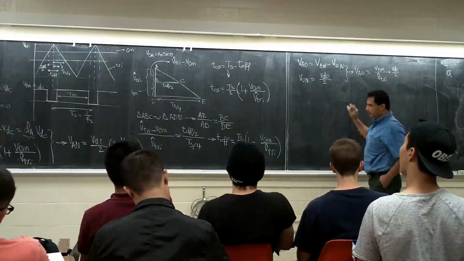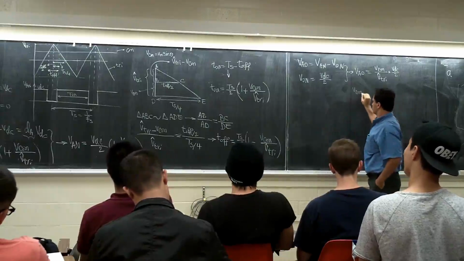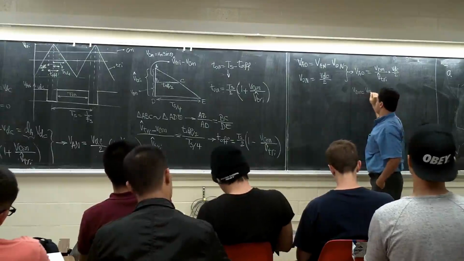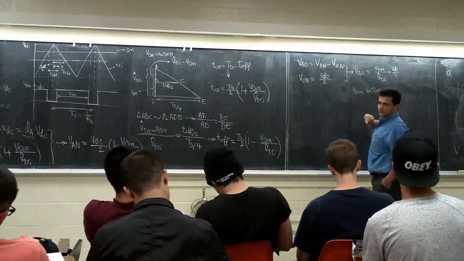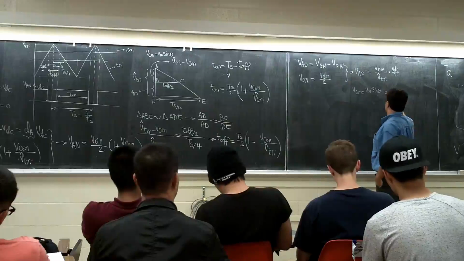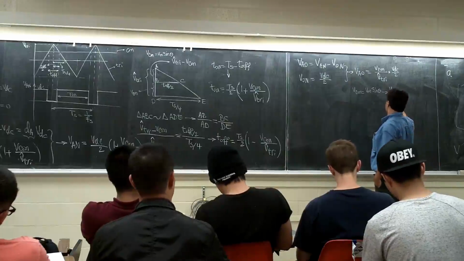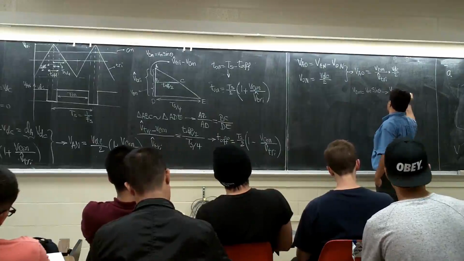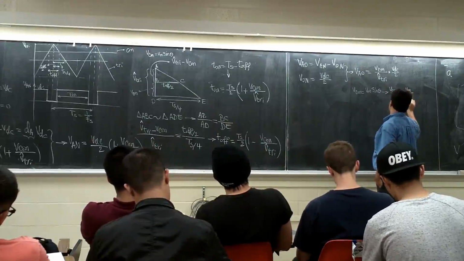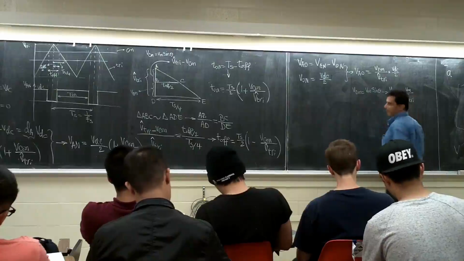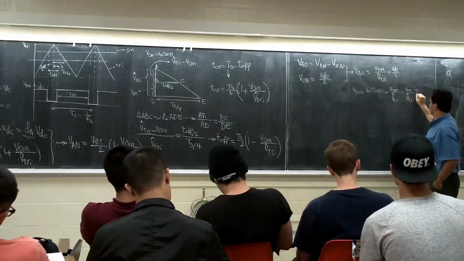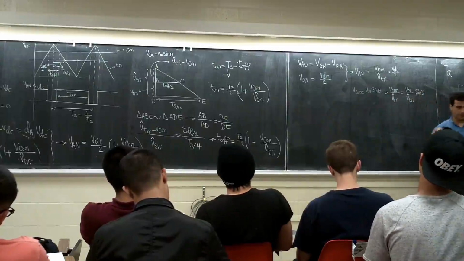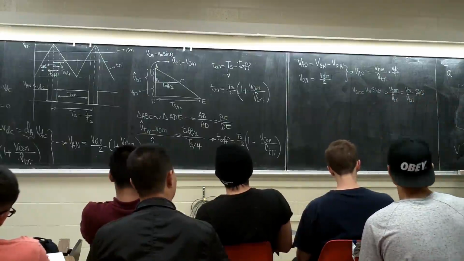So, what is VCon? It is VM sine theta, right? So VCon over VTRI cap is going to be VM over VTRI cap sine theta, right? Is it correct or not?